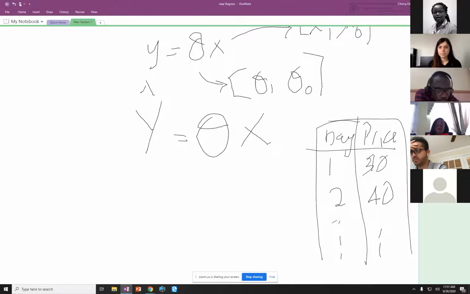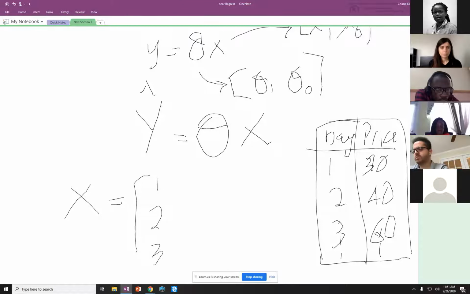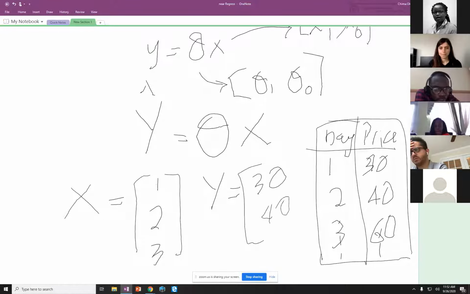So supposing we have actually just 3 examples, and the third is 60. So our x values would be 1 by 3: 1, 2, 3. Our y values, our big Y, will be 30, 40, 60.